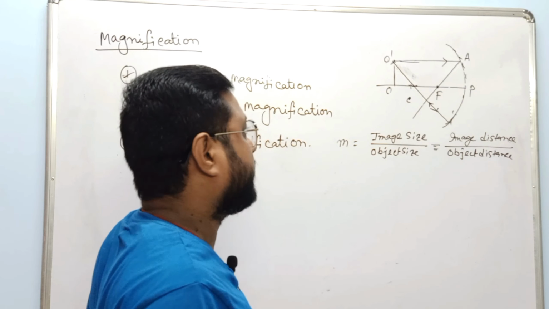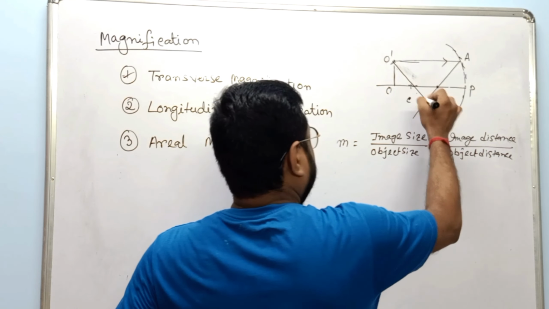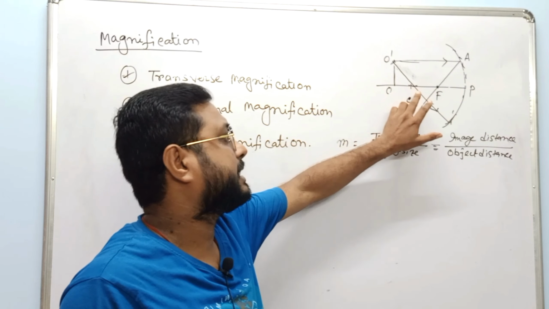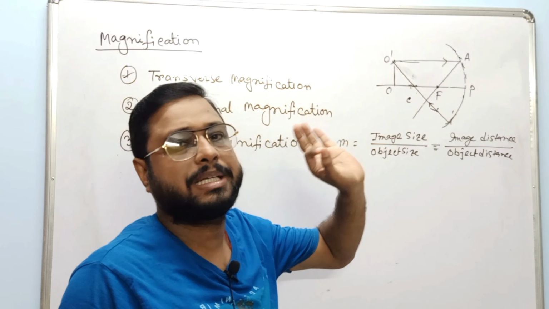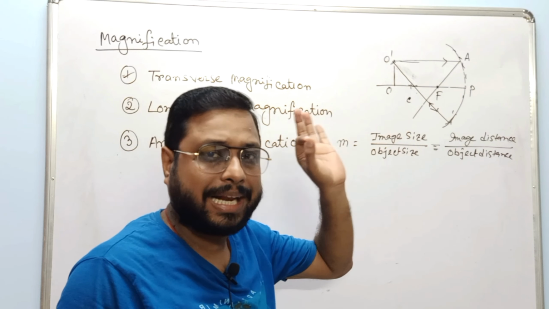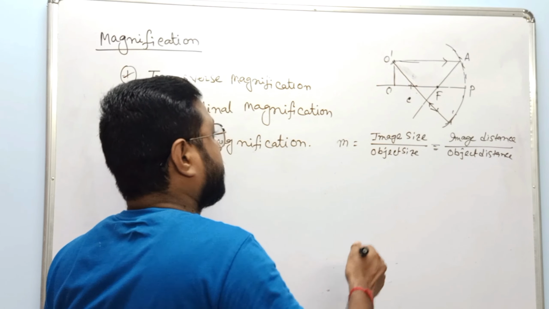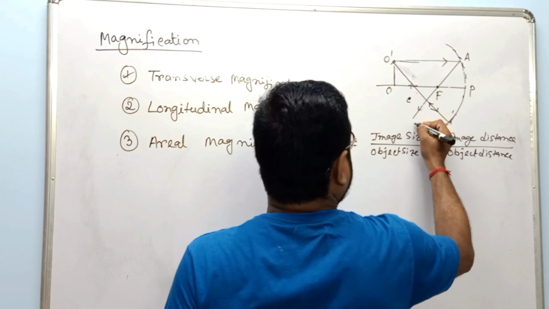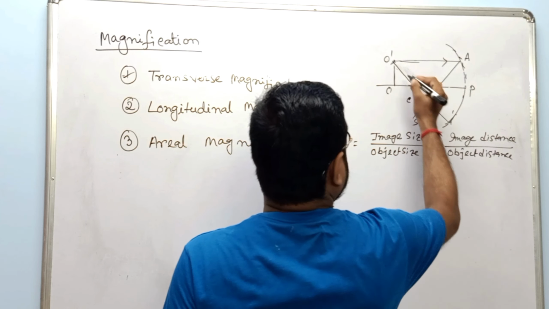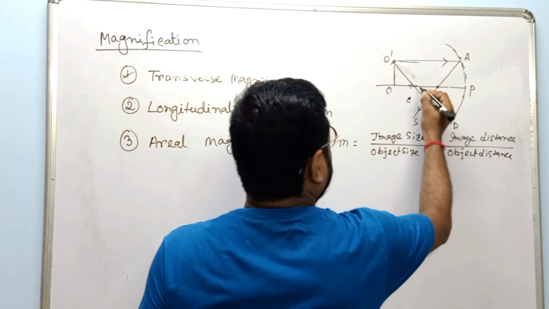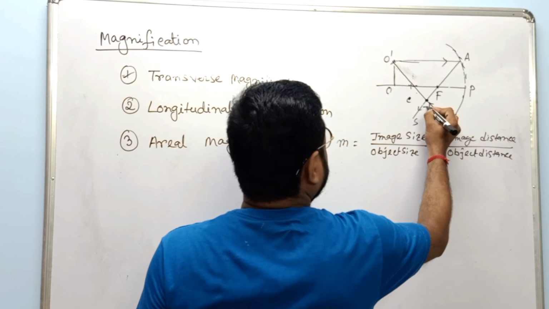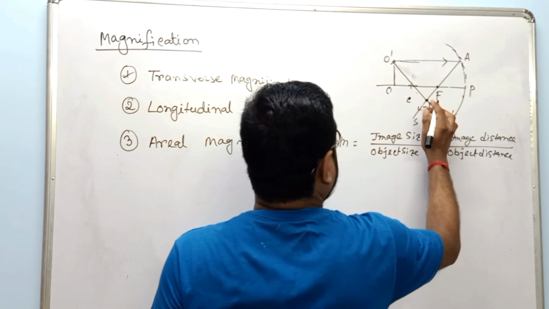If any ray is incident on the mirror passing through the center of curvature, then no deviation occurs, it is reflected back along the same path. So these two reflected rays, suppose AS and OD, the reflected rays intersect at this point, we can say it is the image distance I.